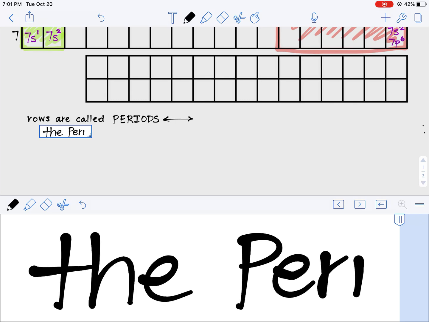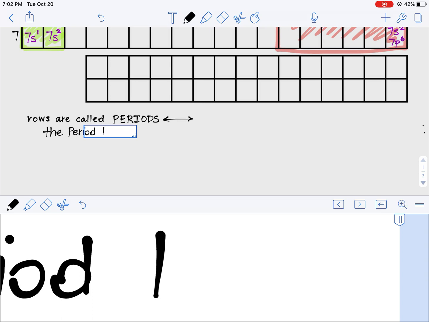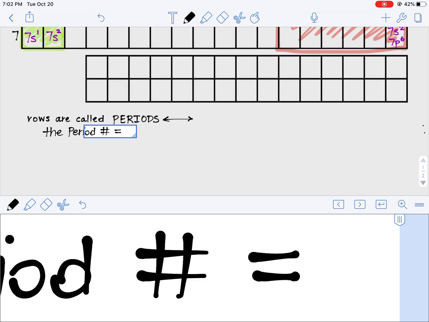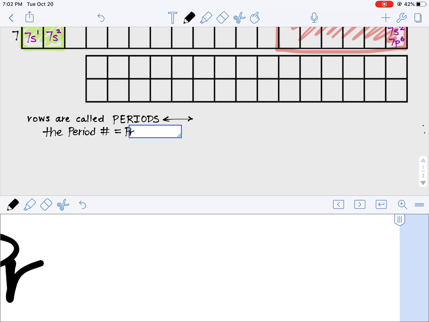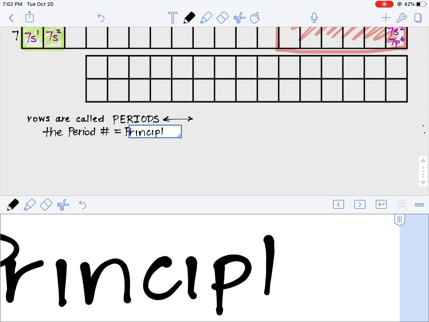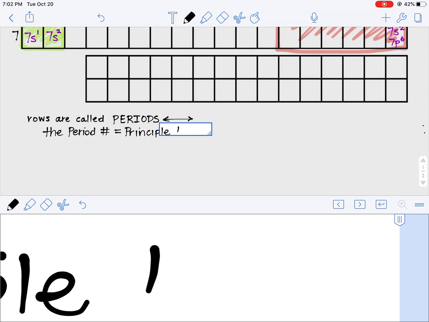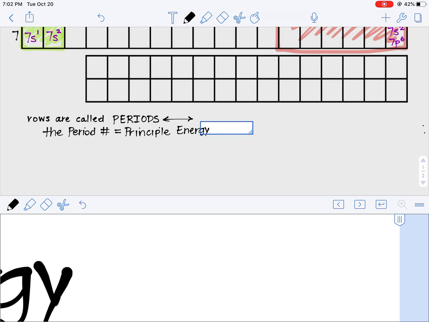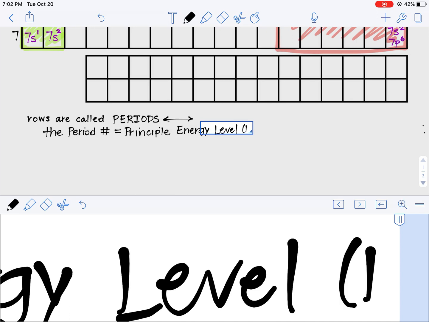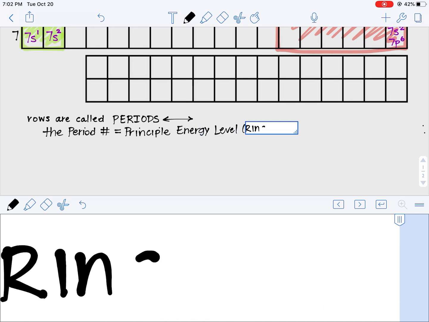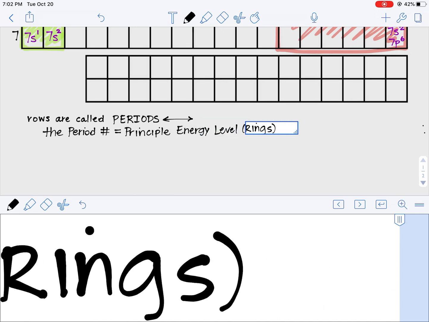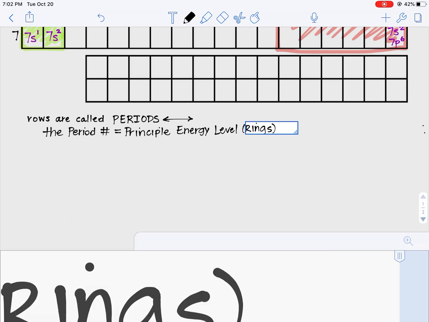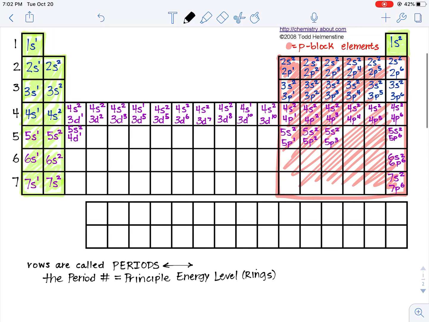The period number is equal to the principal energy level, or rings, around the nucleus for your S and your P block elements.